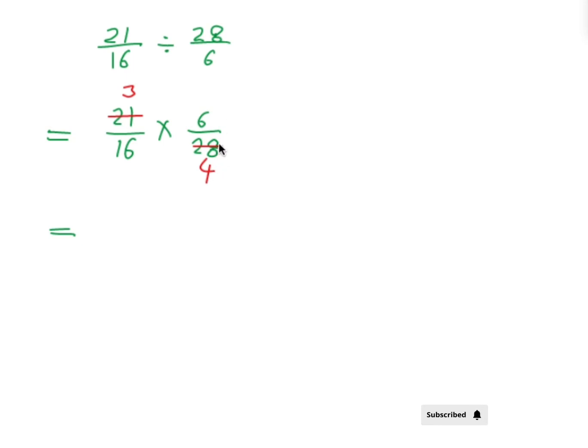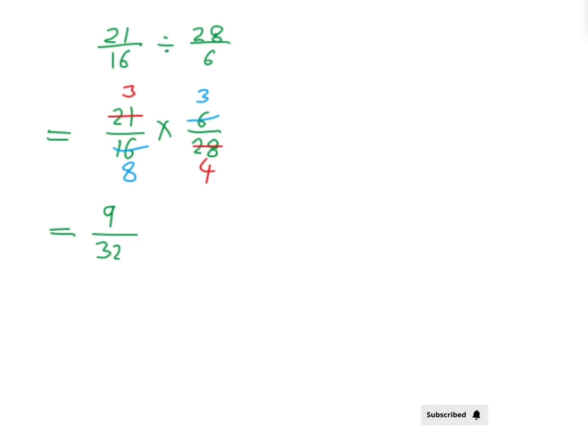We can reduce vertically or diagonally, your choice. I am reducing diagonally. So 2 times 3 is 6, and 2 times 8 is 16. Now every number is reduced, and we can multiply: 3 times 3 is 9, and 8 times 4 is 32. So this is our final answer.